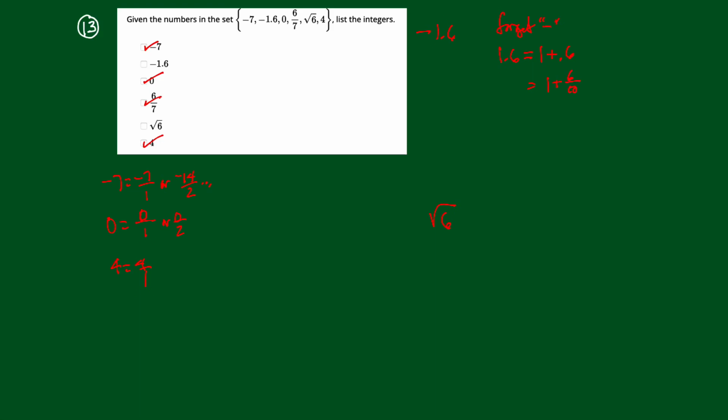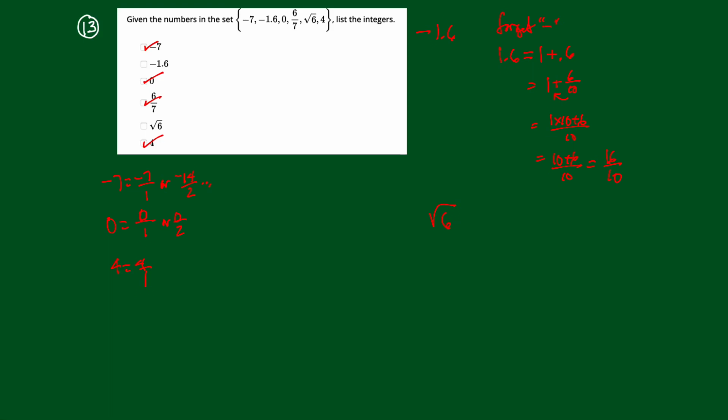Now this I could change into an improper fraction like this. I could multiply and then add. So I'll get 1 times 10 plus 6 over 10. Order of operations, 1 times 10 is 10 plus 6 over 10. So this gives me 16/10. And that's certainly a fraction, right?